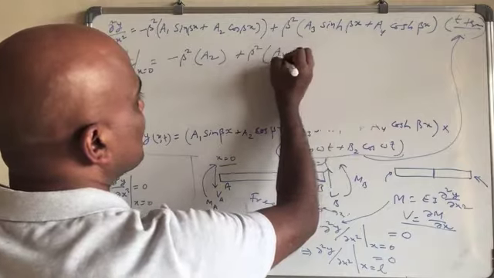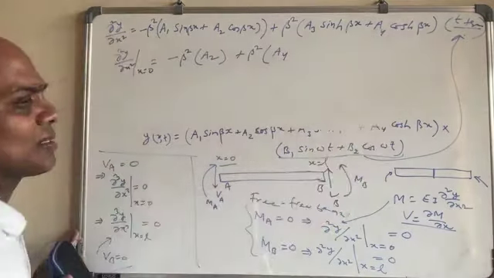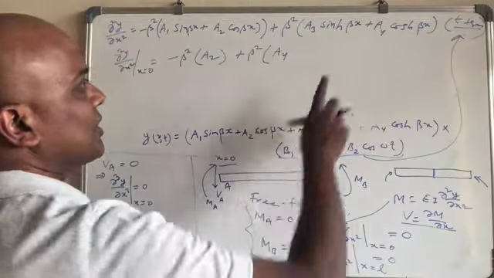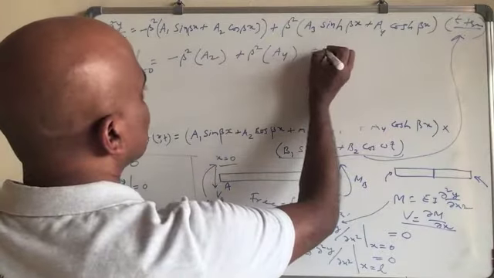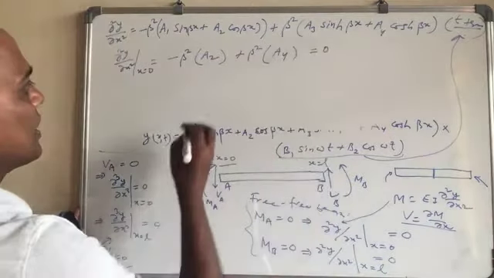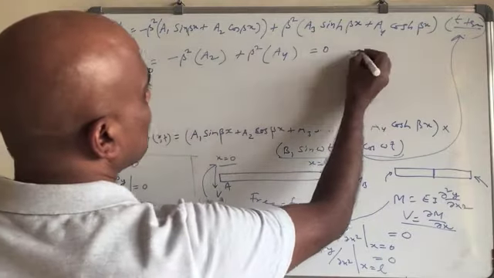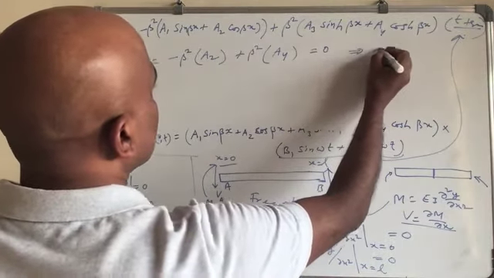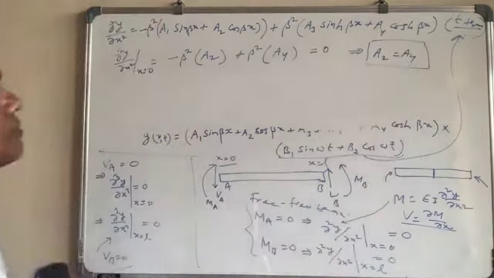Then we have A4, and the value here becomes equal to 1. So since beta is not equal to 0, what we get from here is A2 equal to A4.